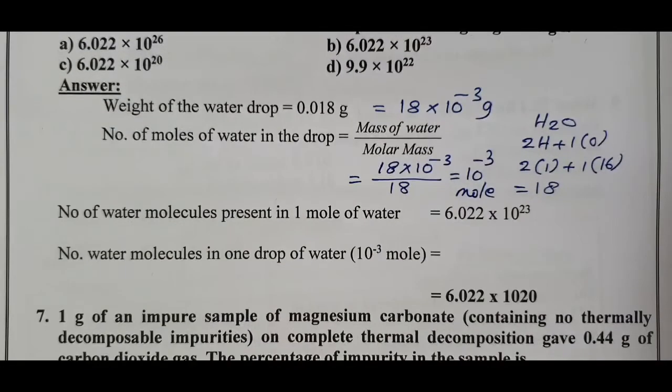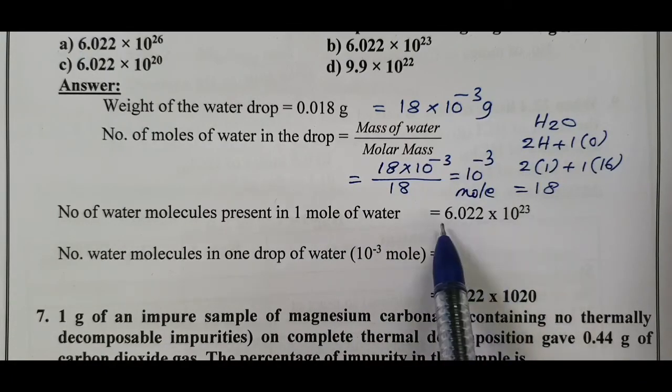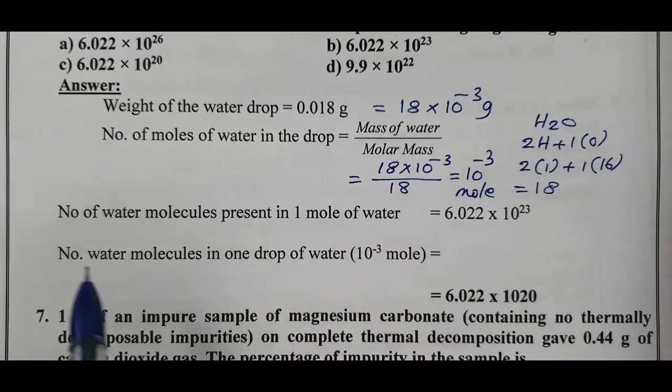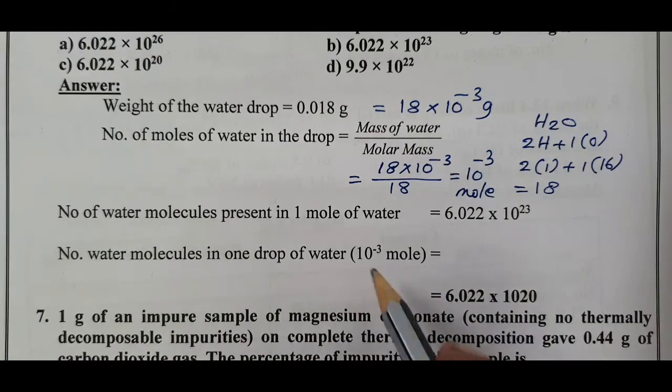We know the Avogadro number of water molecules present in 1 mole of water is 6.022 × 10^23. Number of water molecules in 1 drop of water: 1 drop means 10^-3 mole of water.